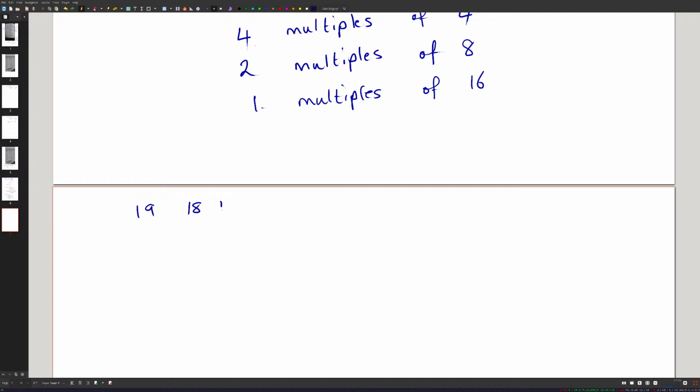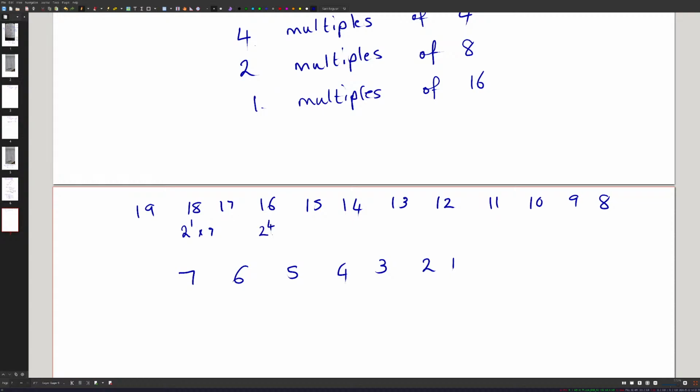19, 18, 17, these are the numbers we're multiplying together. If you don't understand what I just did, you get the same answer if you literally write it all out. 18 is 2 times 9. 16 is 2 to the 4. 14 is 2 times 7. 12 is 2 squared times 3. 10 is 2 times 5. 8 is 2 cubed. 6 is 2 times 3. 4 is 2 squared.